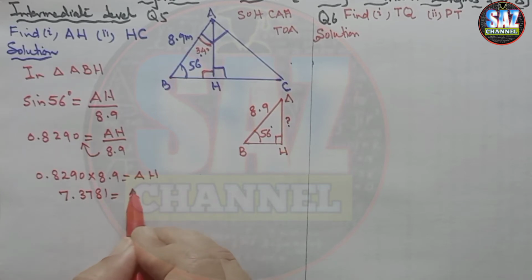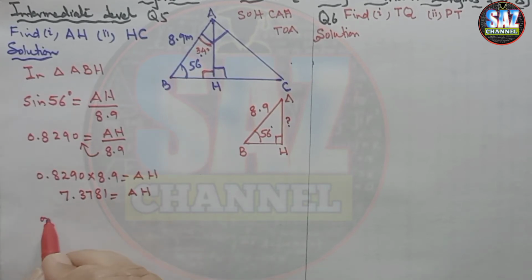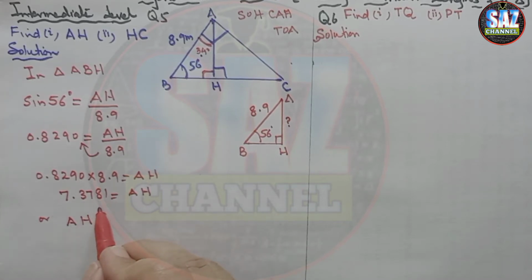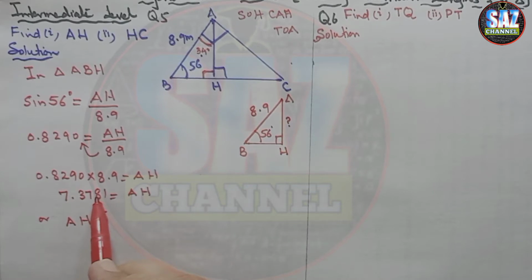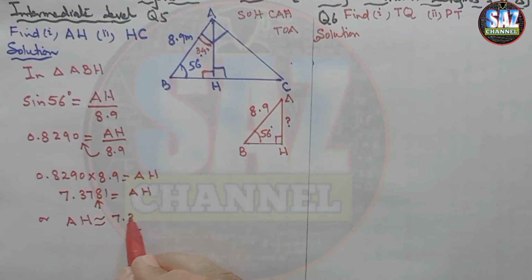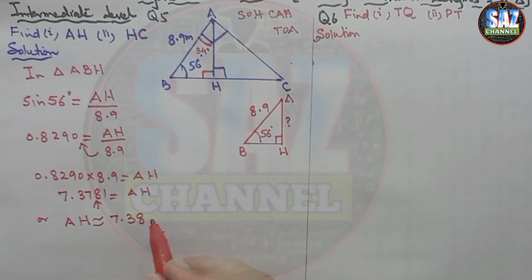7.3781 equals AH, or AH equals, as I have to give my answer to three significant figures, so 1, 2, 3 and 4. Focus your attention on the fourth digit, as this is 8, more than 5. So we are going to drop this digit and add 1 to the previous, so 7.38, and the question is in meters, so I will mark meters with this.